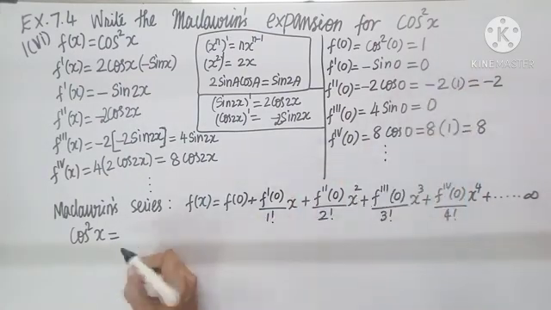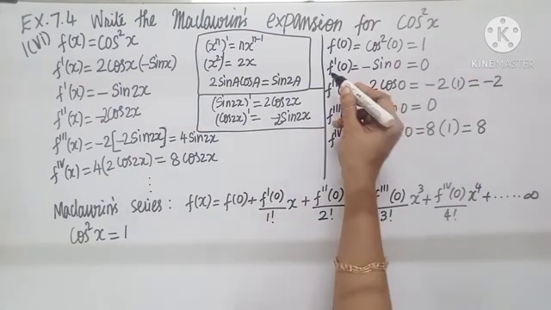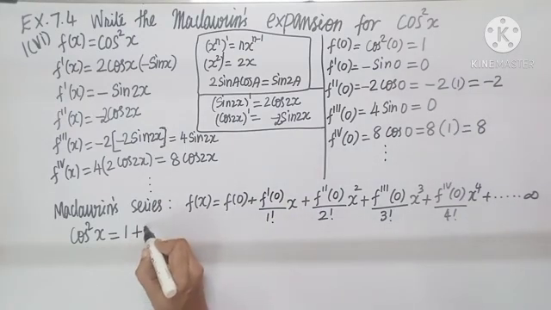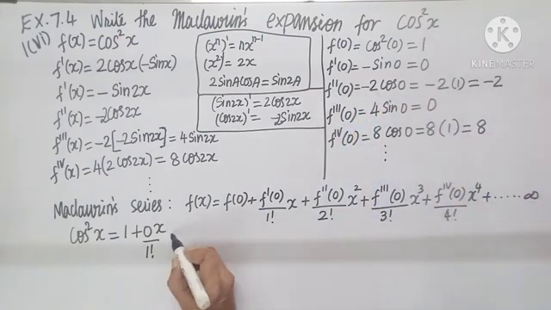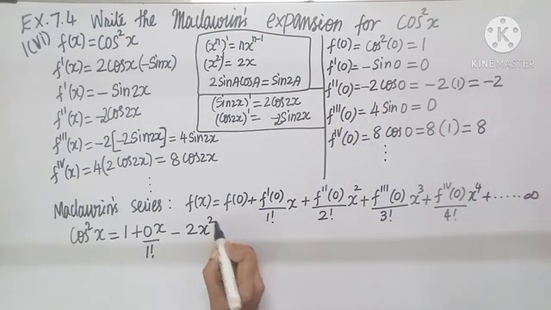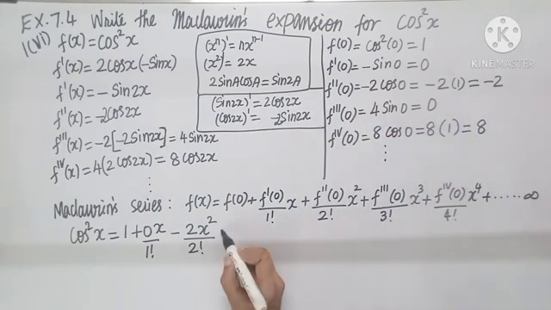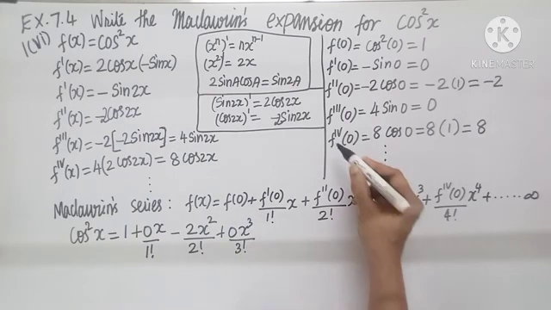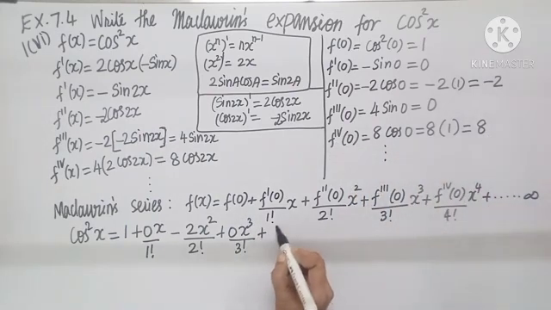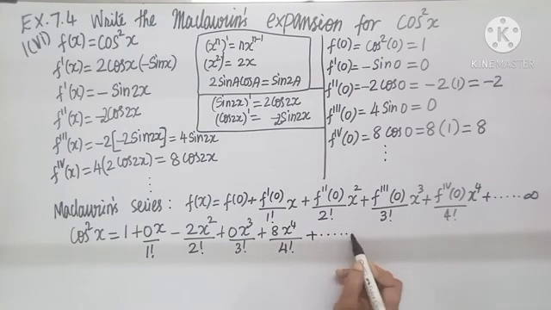F of 0, 1. F dash of 0, 0, 0 into x by 1 factorial. F double dash of 0, minus 2 x square by 2 factorial. F triple dash of 0, 0 x cube by 3 factorial. Fourth derivative 8 x power 4 by 4 factorial, and so on up to infinity.